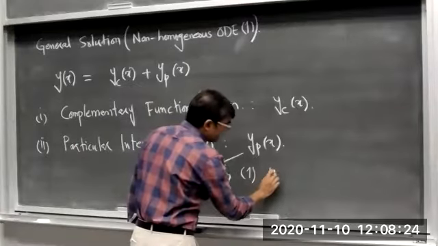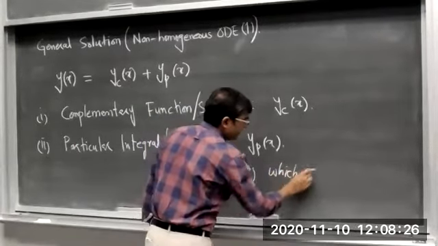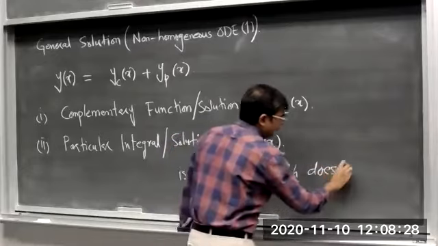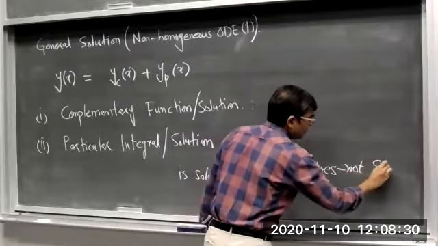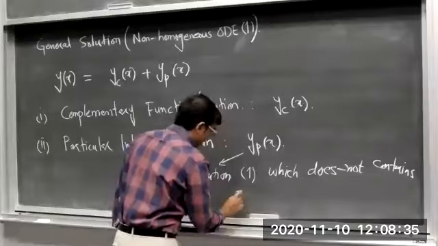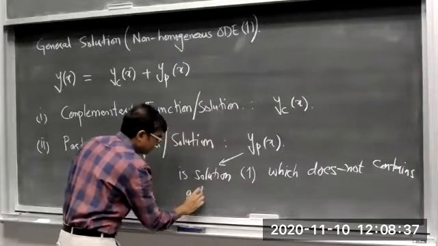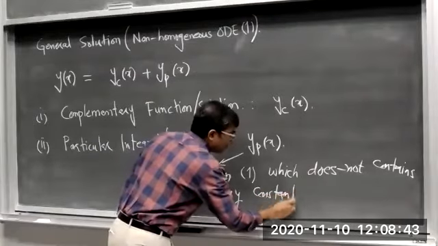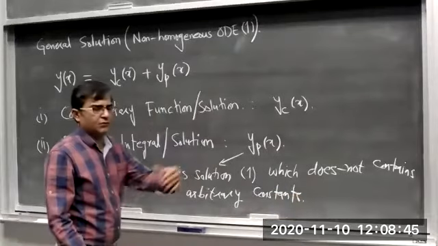So yp is a solution of 1 which does not contain arbitrary constants. Arbitrary constants means constants of integration and so on.